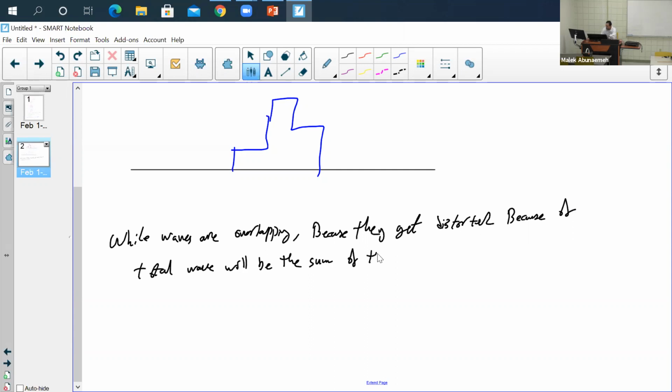That's what we just saw. Now your electromagnetic waves go through each other.